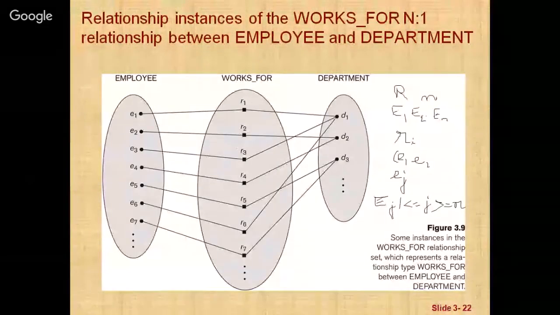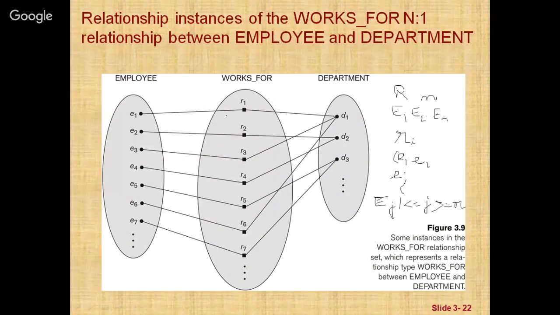So here each relationship instance in the relationship set works for associates one employee and one department entity.